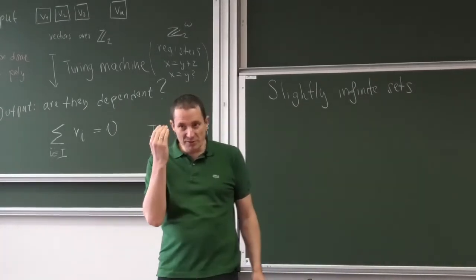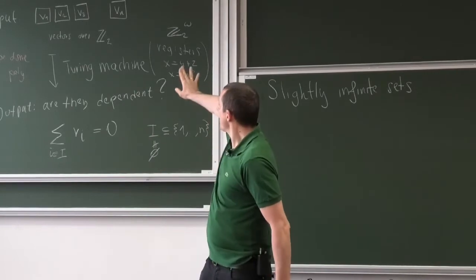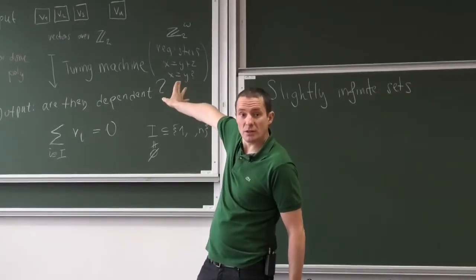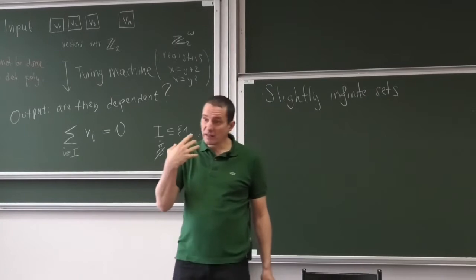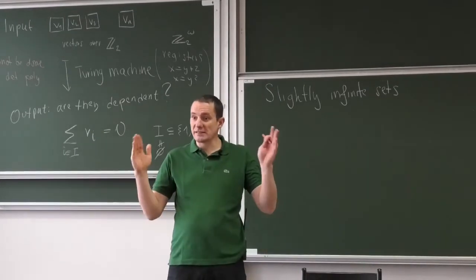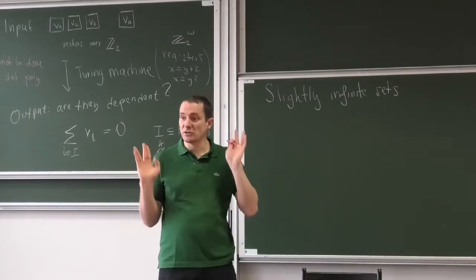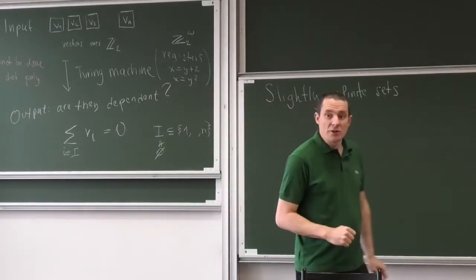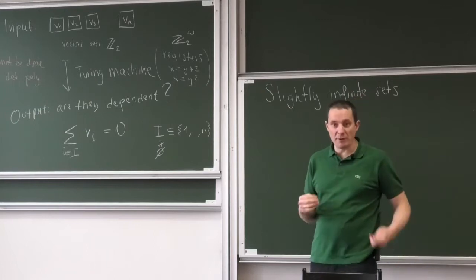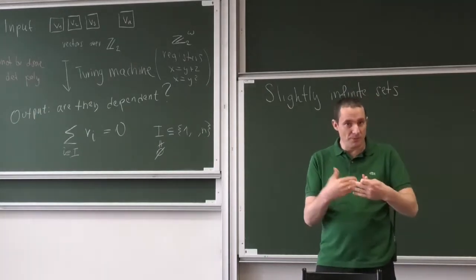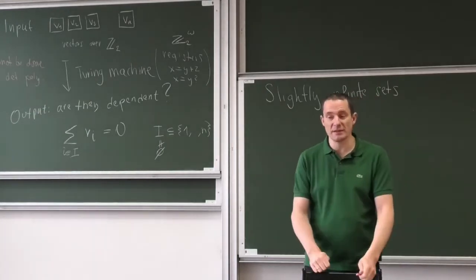Clearly, it is important here our machine model. Okay? Because in general, if you're given the vectors in the usual sense as a sequence of zeros and ones, then you could do all sorts of things like Gaussian elimination, and then you could solve the problem. So the result is not going to be about the fundamental problem of testing dependence or independence in a vector space.